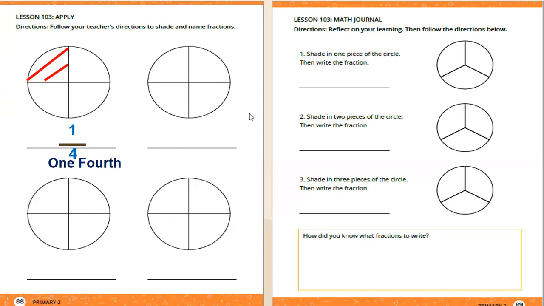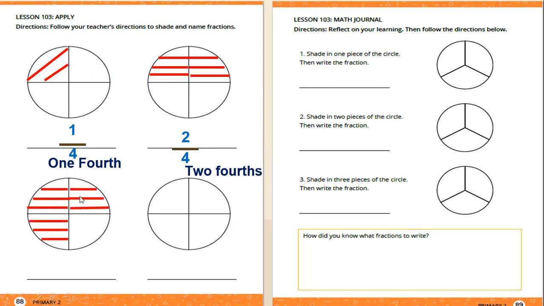The next one, how many shaded parts? We have 2 shaded parts. 2 out of how many total parts? 2 out of 4. So the fraction is called 2/4. The next one, we have 3 colored parts. Bravo.